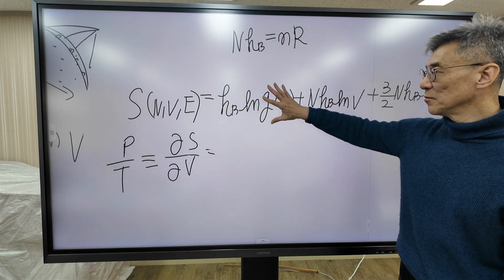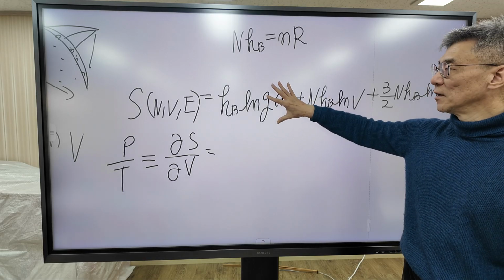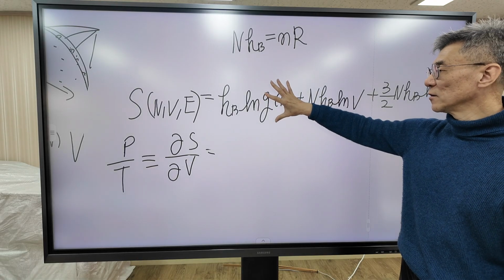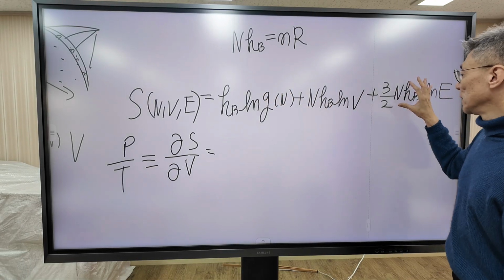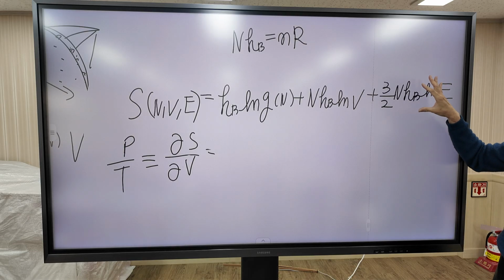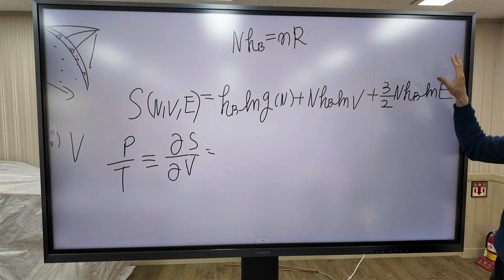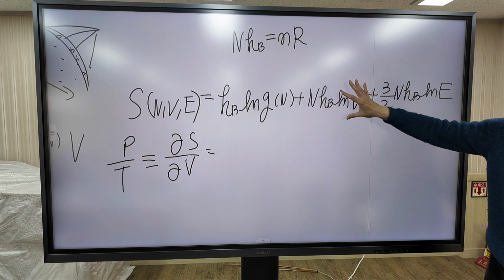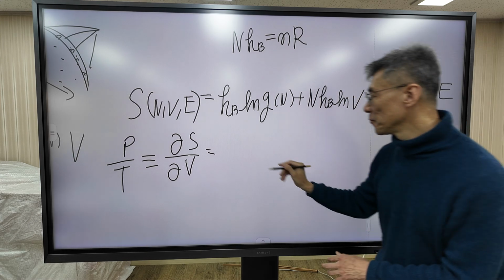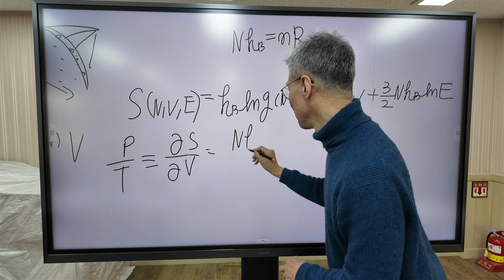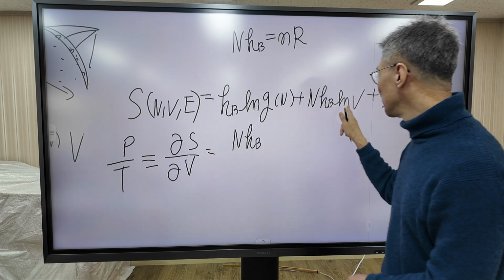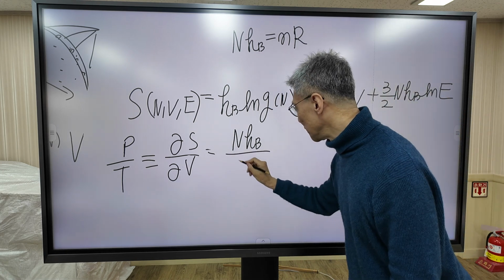This term does not have V, so when you take a derivative, it is 0. This term has no V term either, so when you take a derivative with respect to V, this term is 0. When you take a derivative with respect to V, it is equal to N kB, and the derivative of ln V is 1 over V.